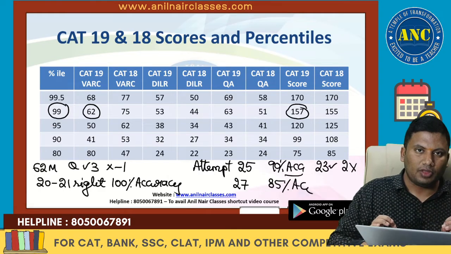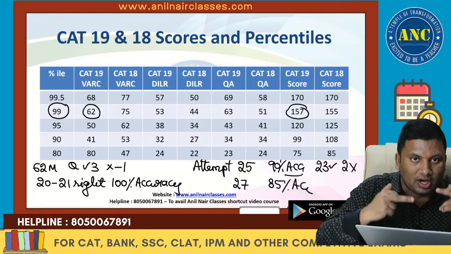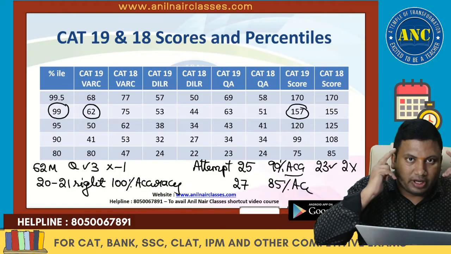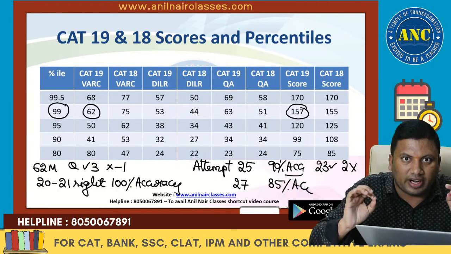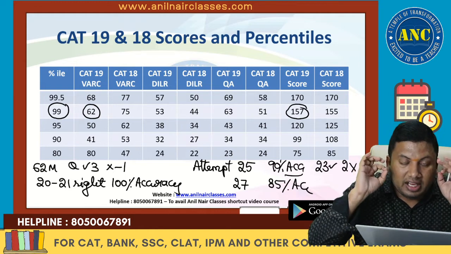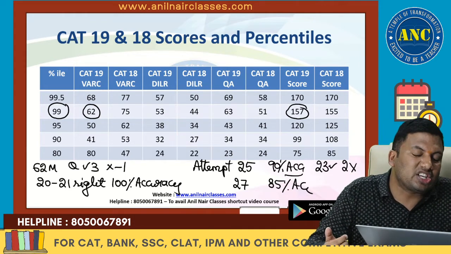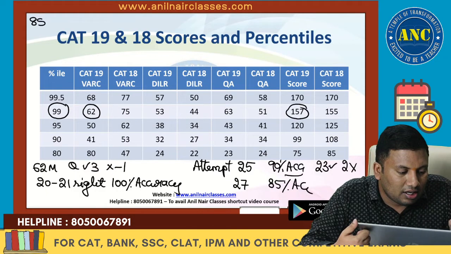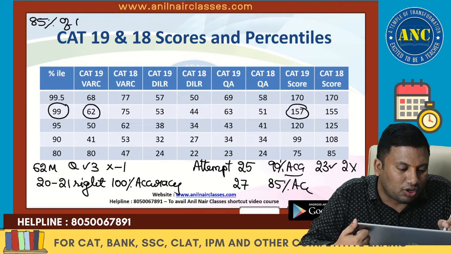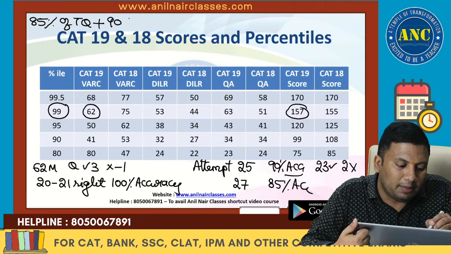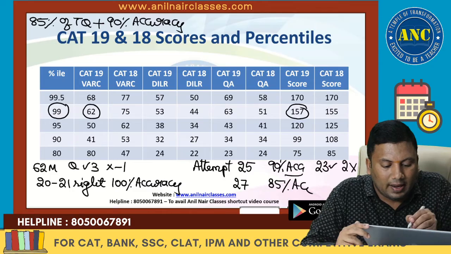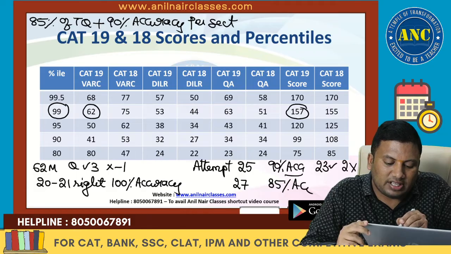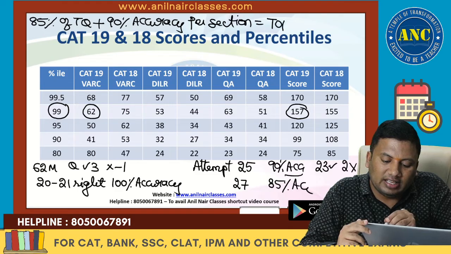As you keep on doing mocks, always remember this is the thumb rule for any student to get the top 1 percentile in the CAT examination, saying it with an experience of 15 plus years. 85% of the total questions with 90% accuracy per section, top 1 percentile is guaranteed.